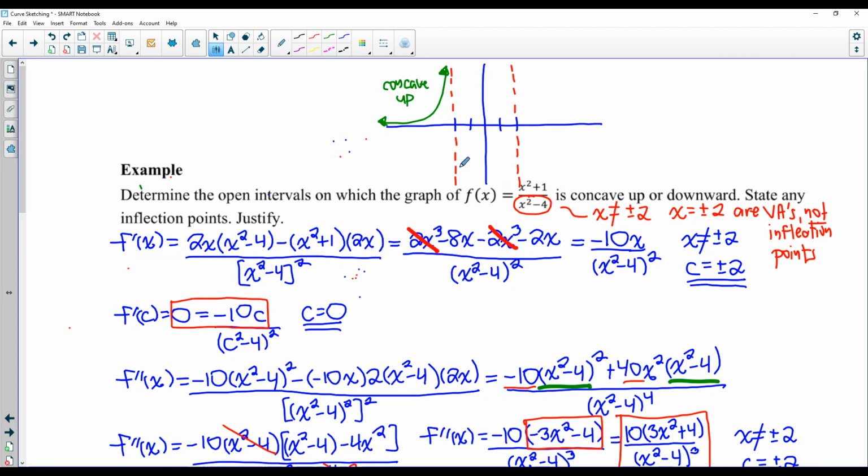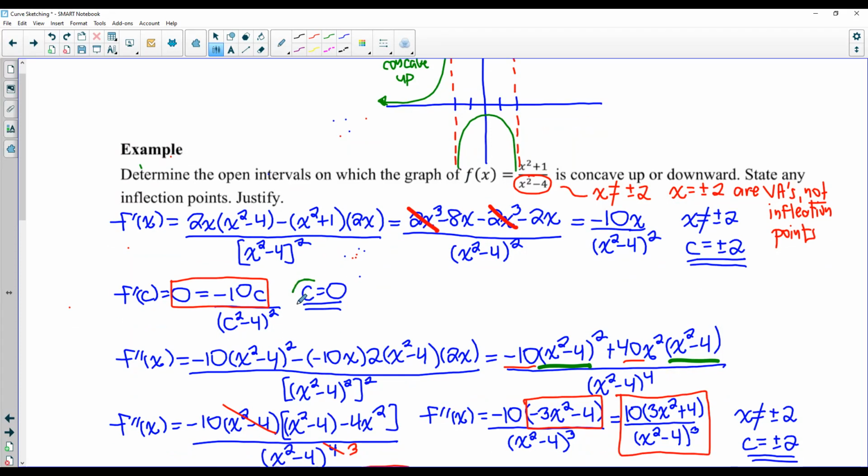Here, you would have a graph that kind of does this, and you have a local maximum, which, by the way, is c equals 0 for the first derivative test. You can see that because when x equals 0, you do have that local maximum. But again, we're just looking at concavity here. So this would be concave down.